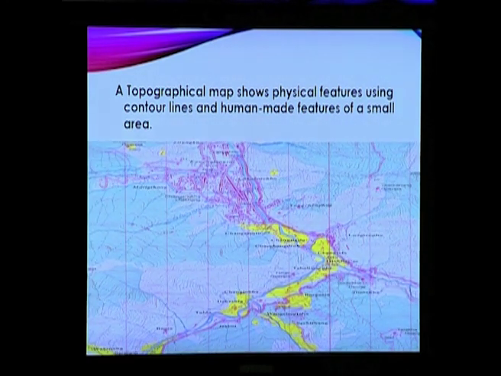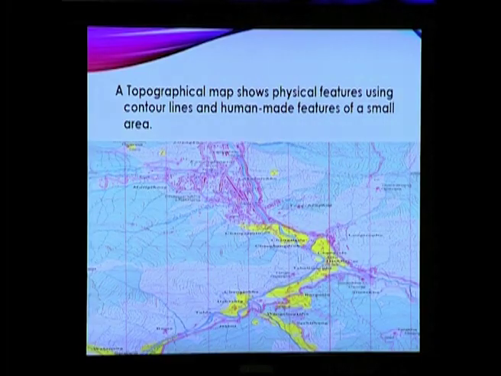Okay, so before we move on to topographical map, let's look at why maps are important. Who uses a map? Maps have always been important since ages. Maps were usually used by people who traveled by sea or who traveled by air.